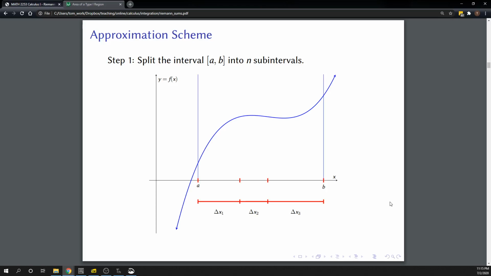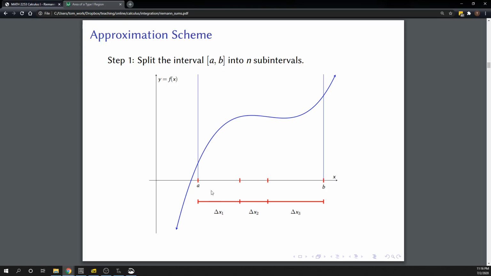I am going to gloss over some parts like that. In order to calculate the area of these rectangles, we are going to have to write down how long our intervals are. The traditional symbol for that is an uppercase Greek letter delta. Since the widths don't have to be the same, I can't just use delta x.